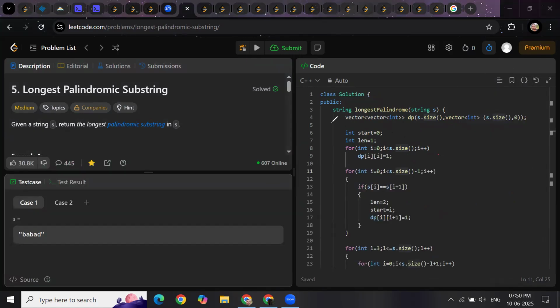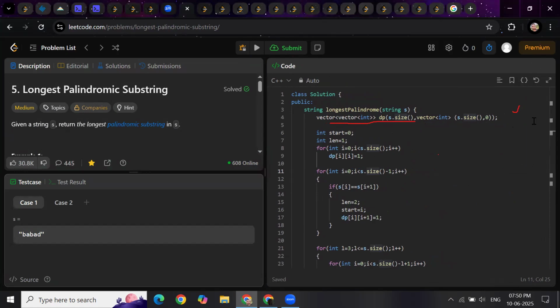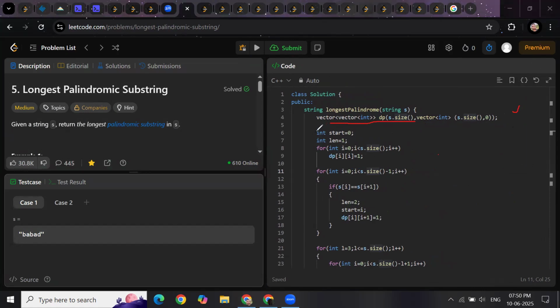Okay. Here I have taken a matrix that I have named DP, and all the elements are 0. After that I have taken a start and length, start 0 and length 1. This loop I have run for all the length 1 substrings of the string, marking all the diagonal as true.